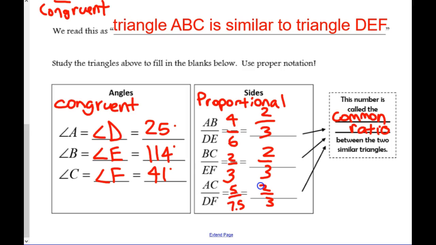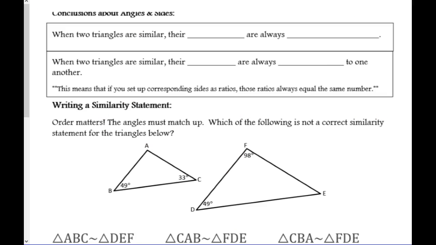Now, what we just wrote down for the angles and the sides, we're going to fill in these blanks on the next page. So we're moving on. Now, when two triangles are similar, we said their angles are what? The same or congruent. Same exact angles, but for the sides, we said they are what?